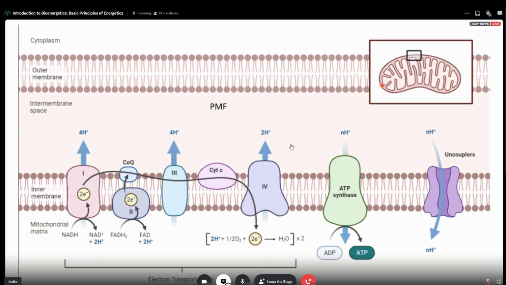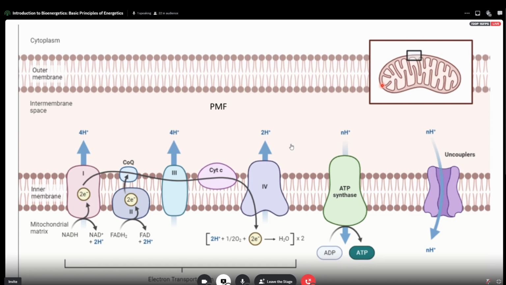The PMF, or the proton gradient, can be regulated at various levels. This regulation can be at the level of generation of this gradient. You can have a choice of where you want your electron to enter the system. If you notice carefully, complexes 1, 3, and 4 are the ones pumping protons. Complex 1 pumps about 4 protons, complex 3 pumps about 4 protons, and complex 4 pumps 2 protons.